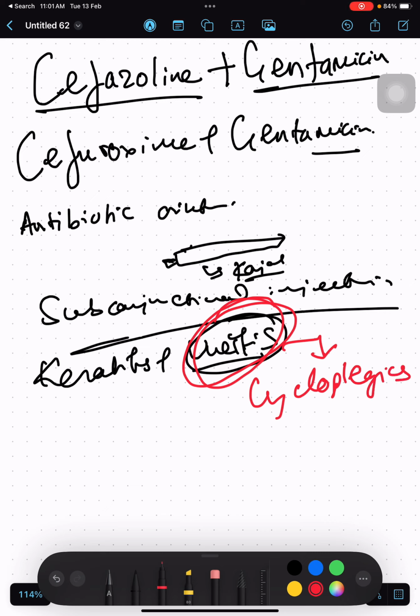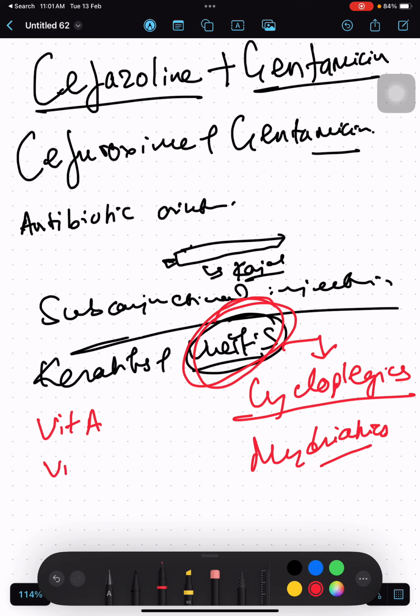You are going to give mydriatics. Oral anti-inflammatory drugs can also be given. And you need to also remember vitamin A and vitamin C supplements for healing of ulcers. Okay, and very very important.